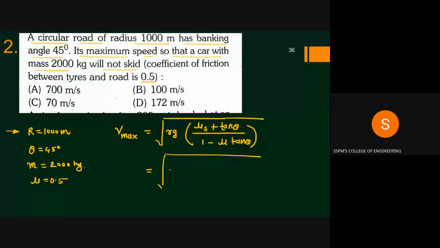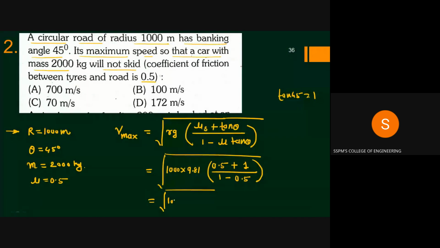So the value of R is given as 1000, into g is 9.81, mu s is 0.5 plus tan theta, and tan 45 is 1. So this is divided by 1 minus 0.5 into tan theta, which is 1.